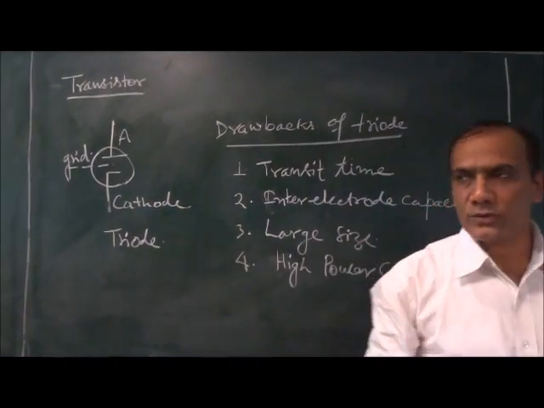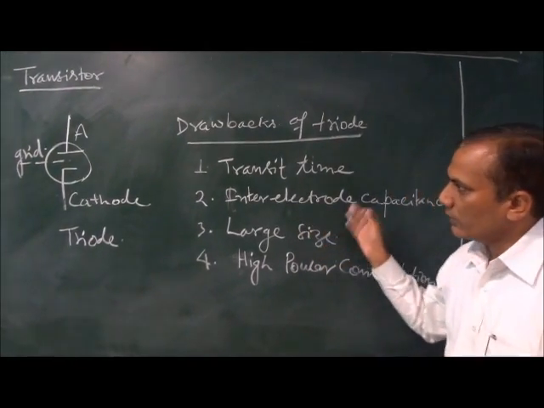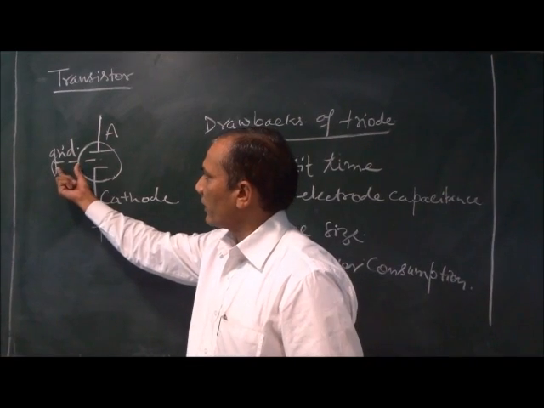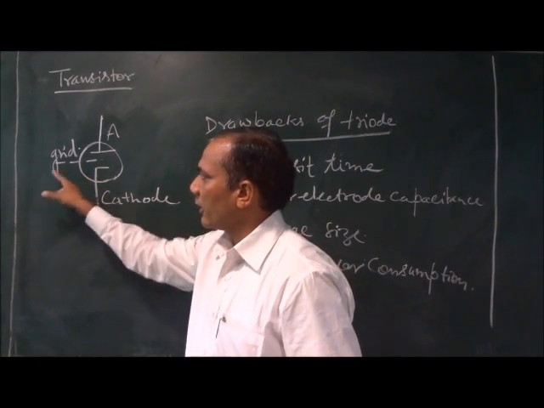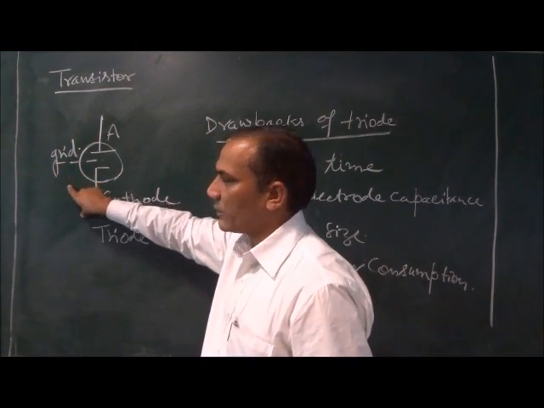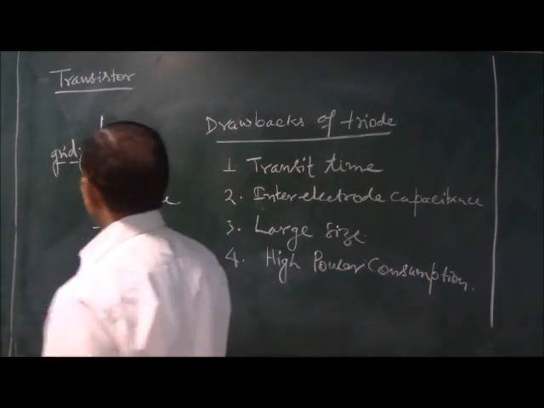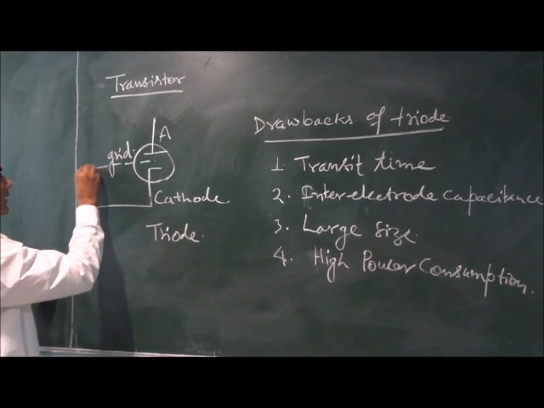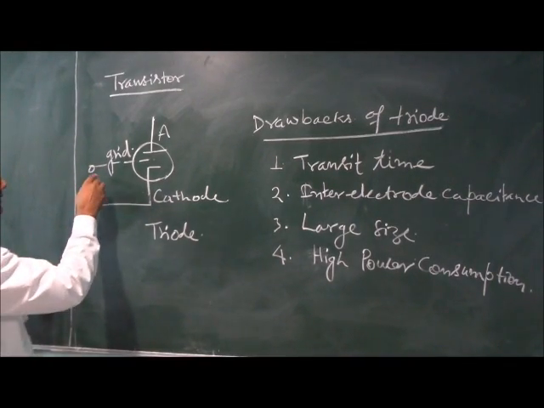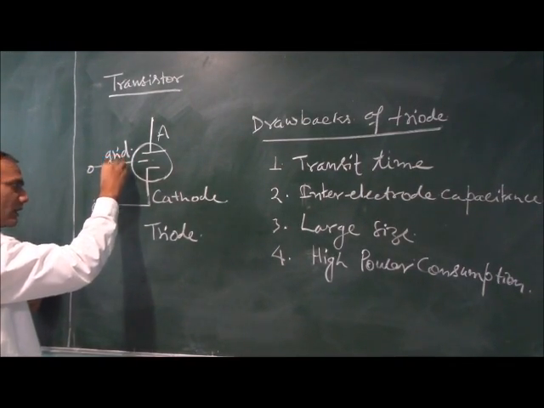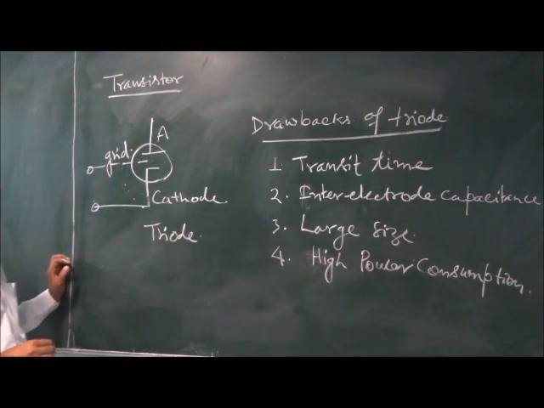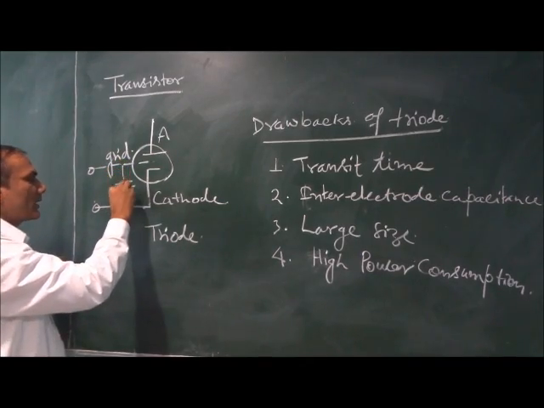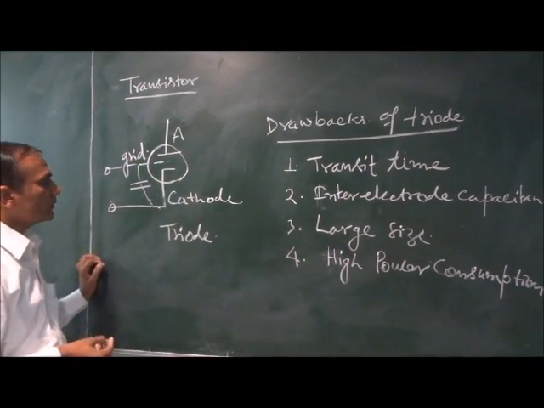This was an imaginary capacitance because of the high frequency in use. Considering the grid to cathode capacitance, if we apply the input to be amplified between this terminal and this terminal, then some of the power was getting shorted to ground because of the imaginary capacitance formed between grid and cathode.